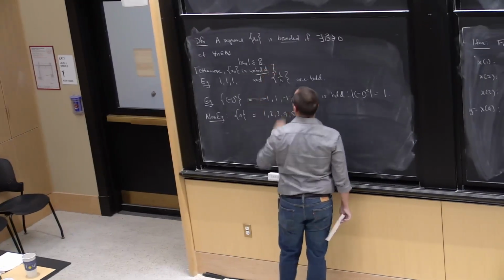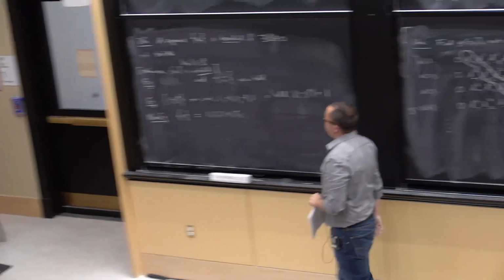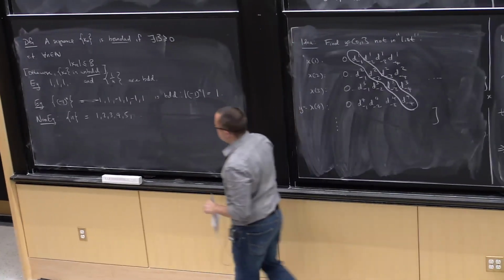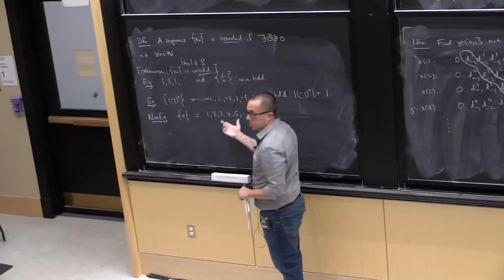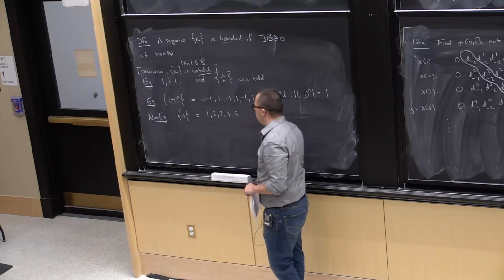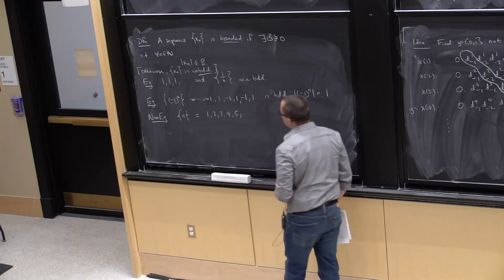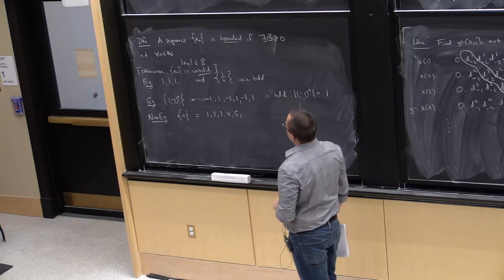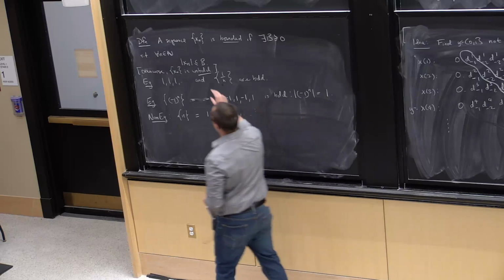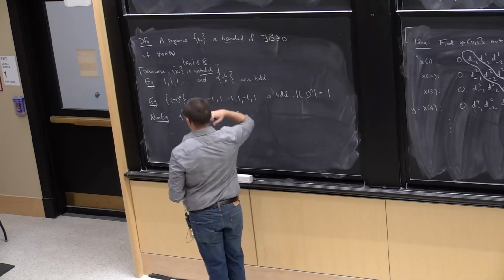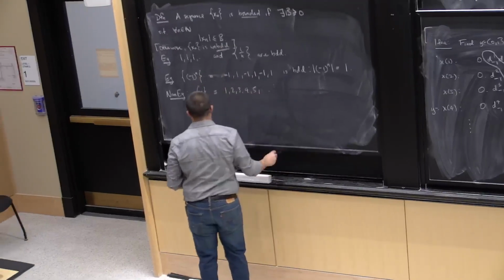Unbounded. Okay. So why is it unbounded? Because the entries are getting larger and larger in size. But if I were to ask you to prove this, you would have to show. So, and this is also a good first exercise. What does it mean to be unbounded?